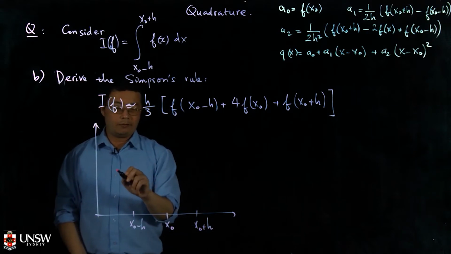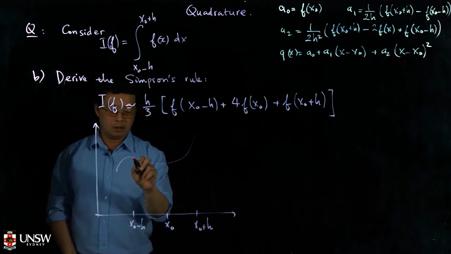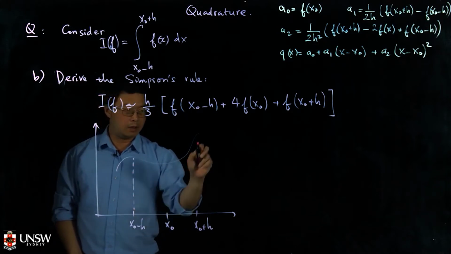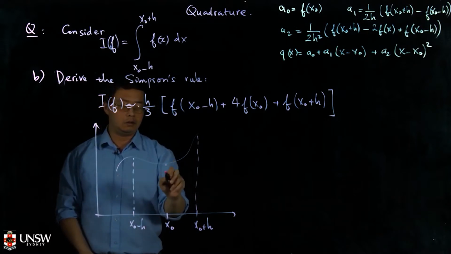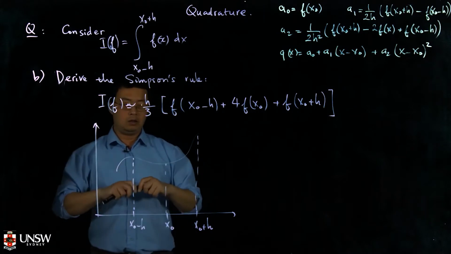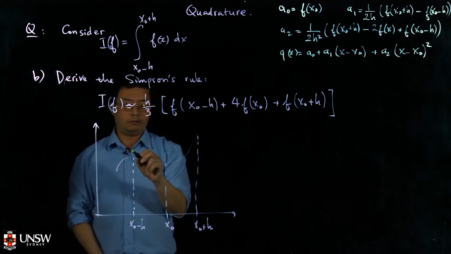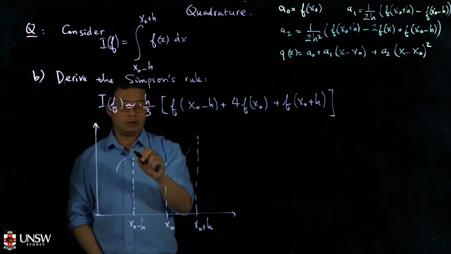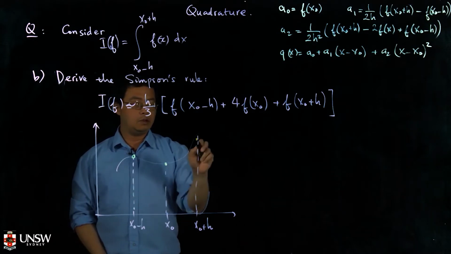And suppose we have a function that goes through 3 points like this, and we want to approximate the area under the curve, okay? So the first step is we construct a quadratic curve that goes through the 3 points.